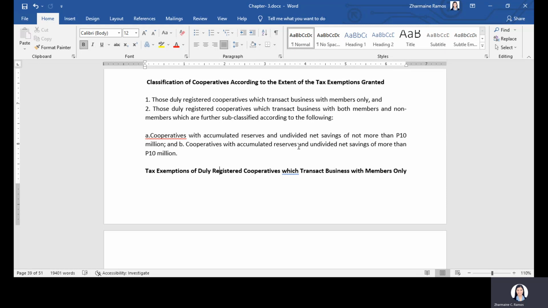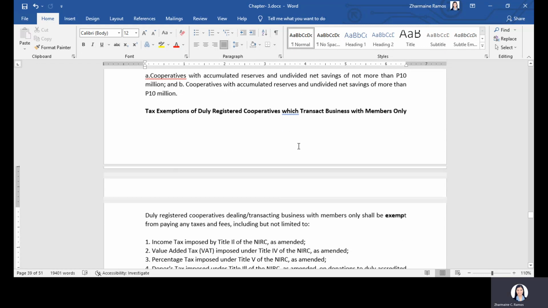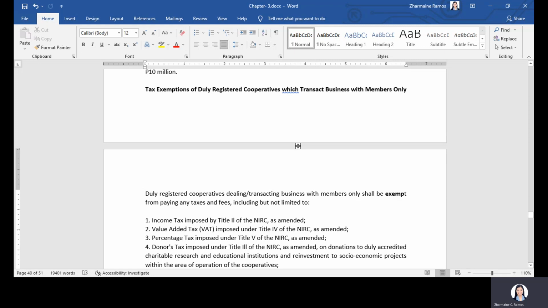So, tax exemptions of duly registered cooperatives which transact business with members only. Duly registered cooperatives dealing or transacting business with members only ay exempt from paying any taxes and fees, including the following.